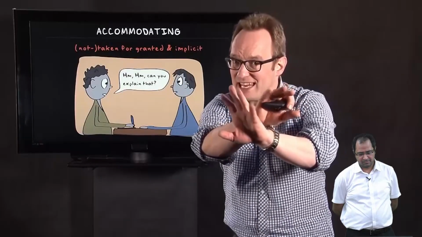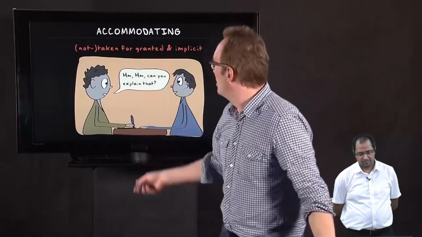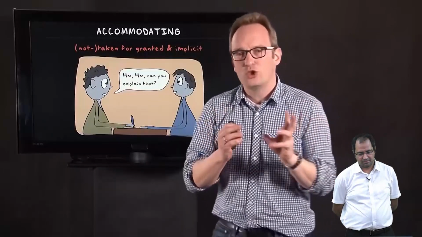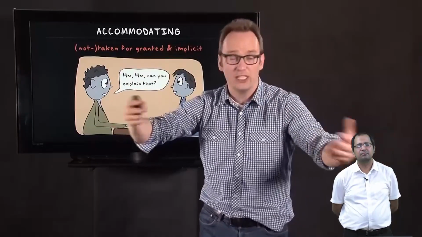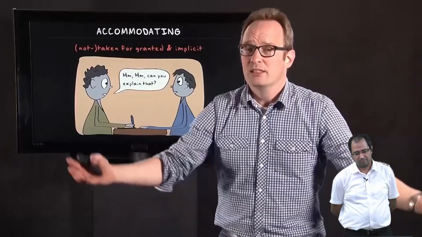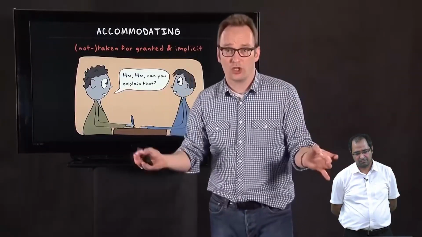So you leave that vague. What you show is that you want more information, and you show some neutrality. You show that you accommodate the informant, the interviewee, the respondent to talk freely. Tell me your story and I don't judge.